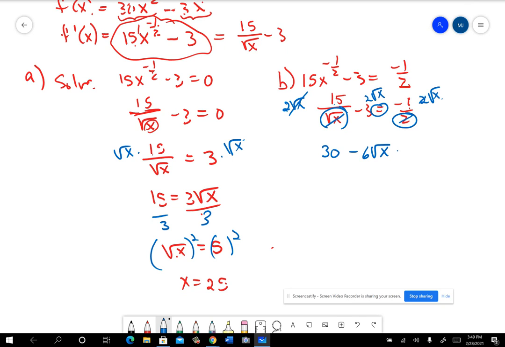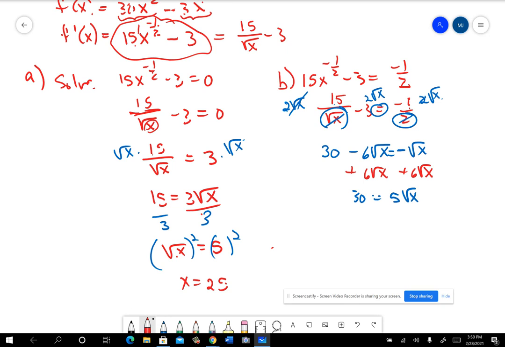And then over here, minus the square root of x equals a negative square root of x. Then I might add the 6 square root of x to both sides so that I get my number isolated. And on the other side, that would now become 5 square root of x.